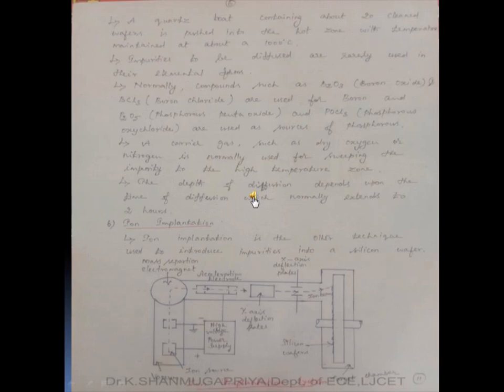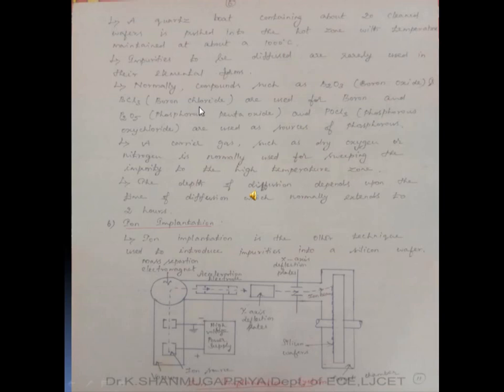In the setup of the diffusion process, a quartz boat, which contains about 20 cleaned silicon wafers, is pushed into the hot zone with a temperature of about 1000 degrees Celsius.